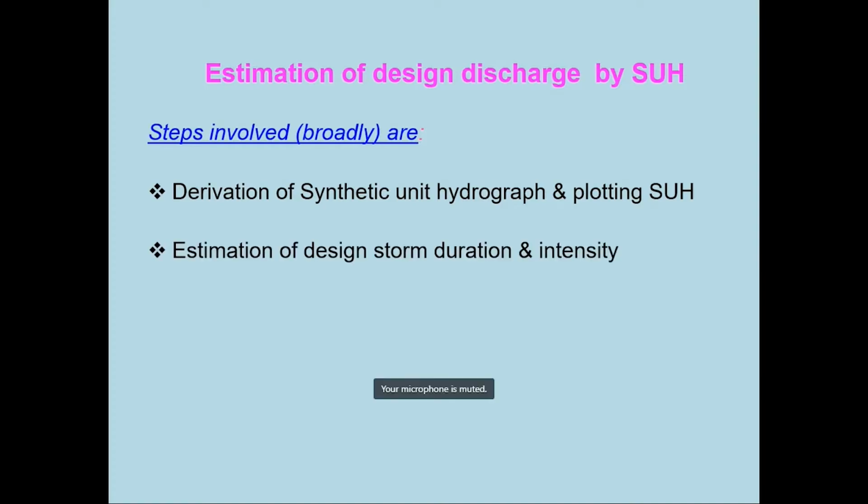We develop a synthetic unit hydrograph depending on the catchment properties, meaning area, length of the stream, the length from the center of gravity to the bridge site, then the equivalent statistical slope, and the design rainfall intensity, that is, what duration of rainfall will cause the highest 50 years flood.